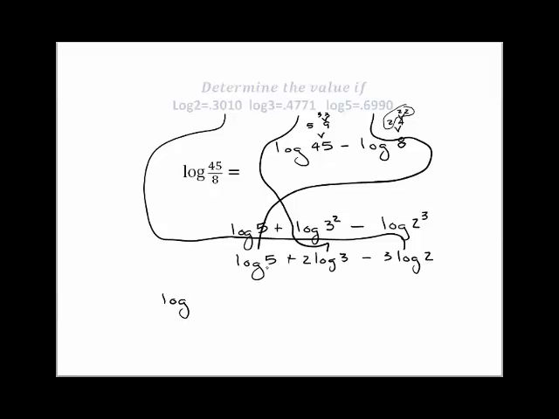Log of 5 was 0.699 plus 2 times the log of 3, which was 0.4771.